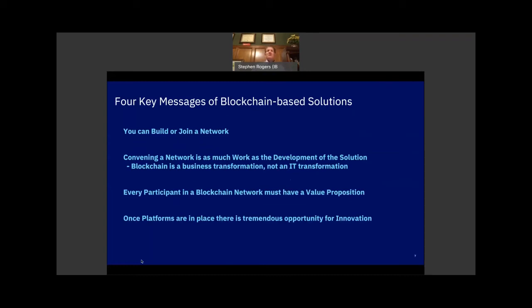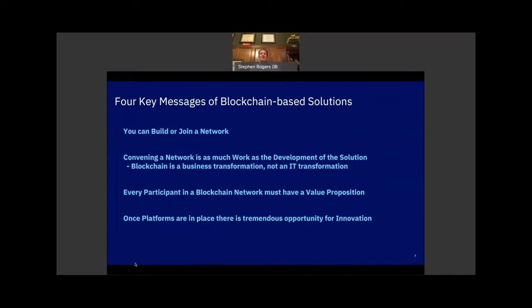Do you want to join a network? The second goes right back to that first one: you have to understand that convening a network is as much work as the development of the solution itself. Why is that? Because blockchain is a business transformation. It's not an IT transformation.